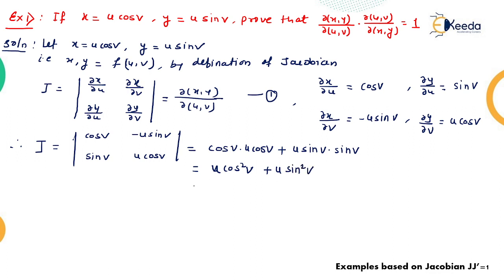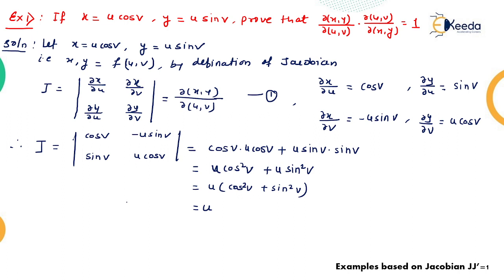Taking u as common, cos square v plus sin square v, by the trigonometric identity you get the value simply u.